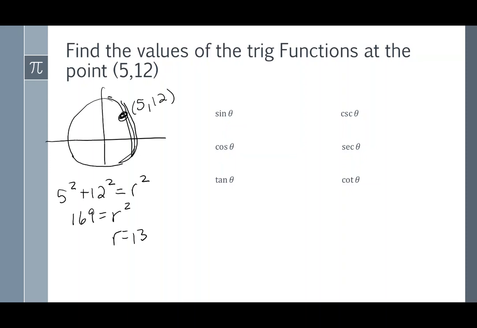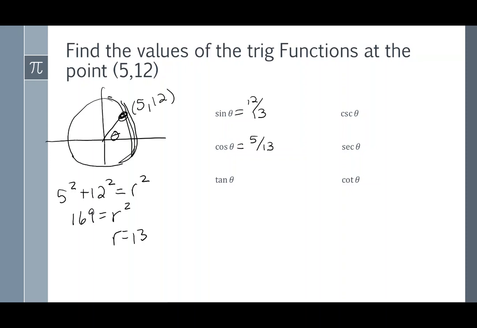All right, now that we know our radius, now we can figure in all of our values of theta. So I start with sine of theta. Well, remember that sine is using the y value, which is 12, but now you have to divide by your radius, which is 13. Cosine, again, we're going back to theta, which is x, so we're looking for our 5 over 13.